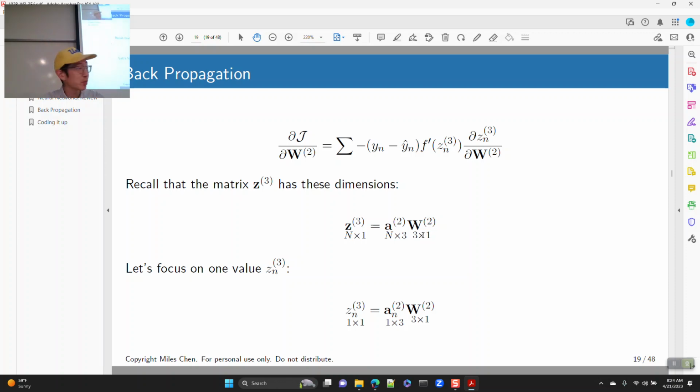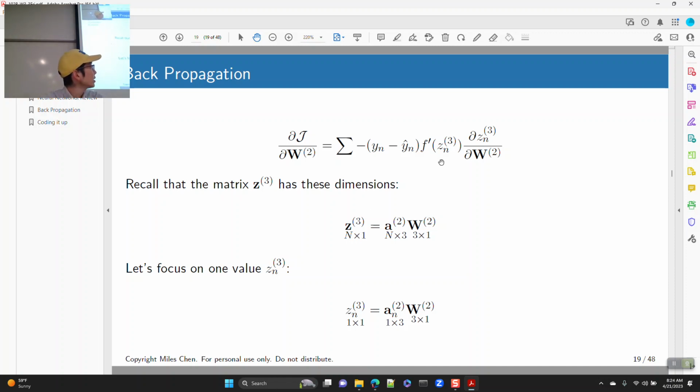Our second weight matrix basically combines the three nodes together, right? So we have A2 is n by 3, we multiply by W2, which is 3 by 1, and they sum those three values together, and we get an n by 1 matrix for Z, okay?